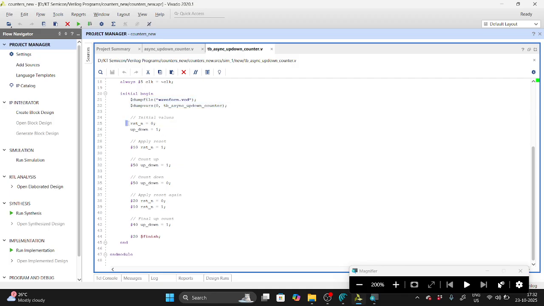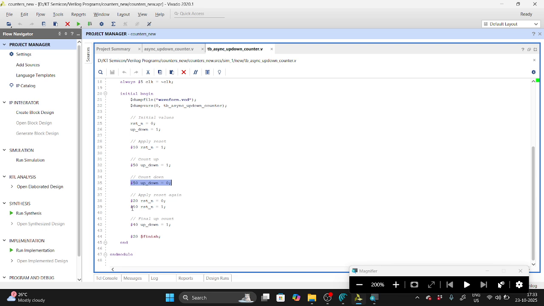Okay, so first I am applying the reset. I am making up down equal to 1. Okay, after that I'm releasing the reset. For 10 time units I'm releasing the reset, and next for 50 time units I am doing up counter, and next 50 time units I am doing down counter, and after that for 20 time units I am again applying the reset.